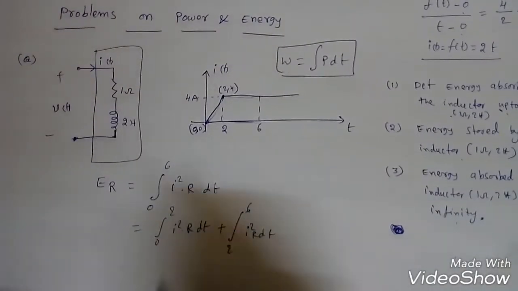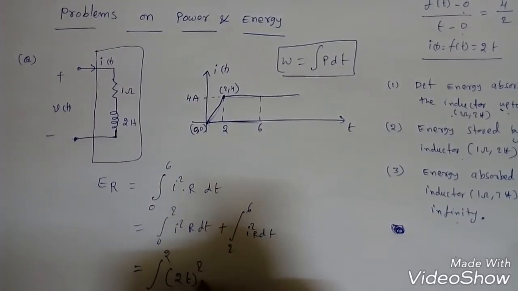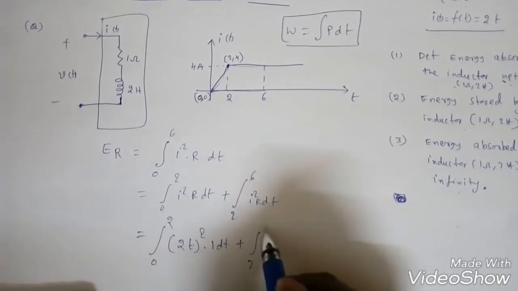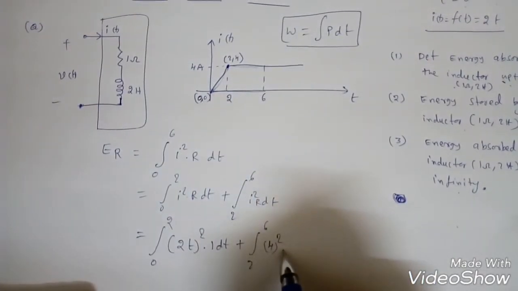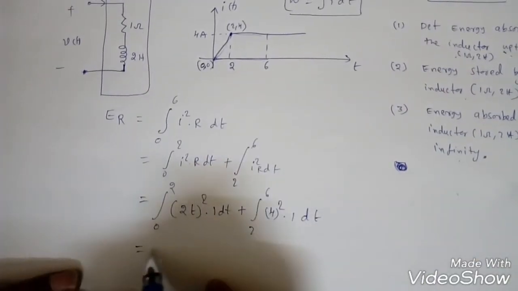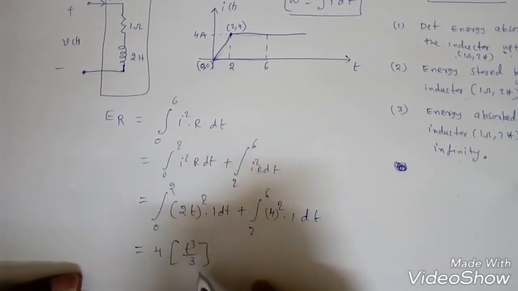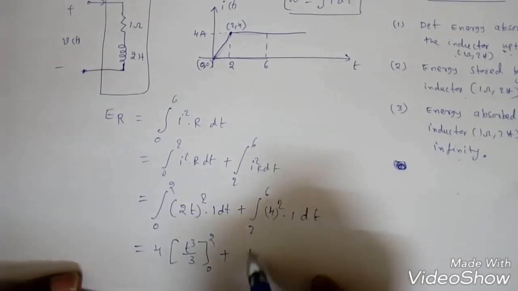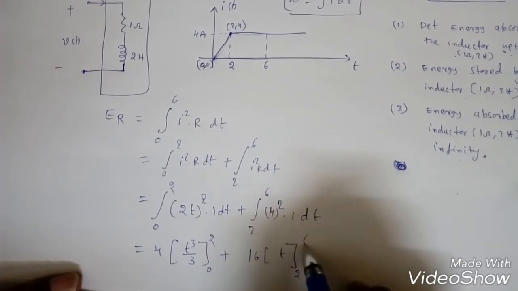So the integration becomes 0 to 2 of (2t) whole square into 1 dt, plus from 2 to 6, I is constant at 4 ampere, so 4 square into 1 dt. Now 2 square is 4 into t square, whose integration is t cube by 3 with limits 0 to 2. Next, 4 square is 16, and the integration of a constant gives t, with limits 2 to 6.